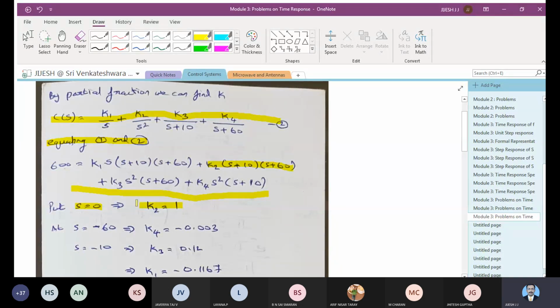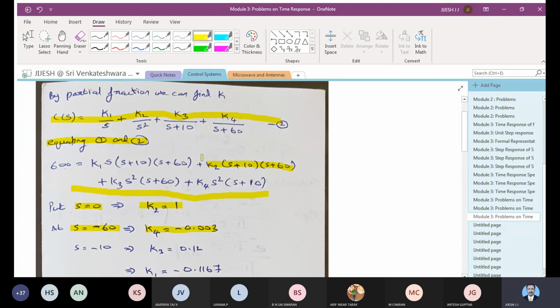Similarly, you have to take the value of s to be minus 60. You should see which value you substitute for s so that you can get any of the terms k1, k2, k3, k4. When you put minus 60, you can get k4, because the other terms will get eliminated.